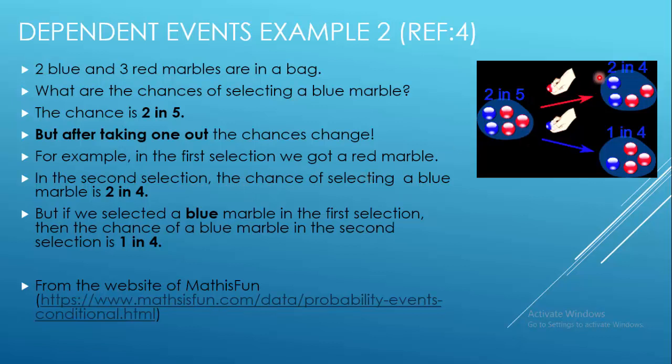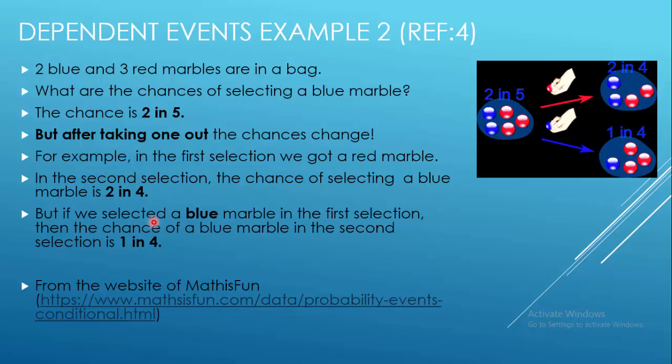The total number of marbles has reduced to 4 from 5, and the total number of blue marbles is 2. So the probability of getting a blue marble in the second selection is 2 divided by 4.